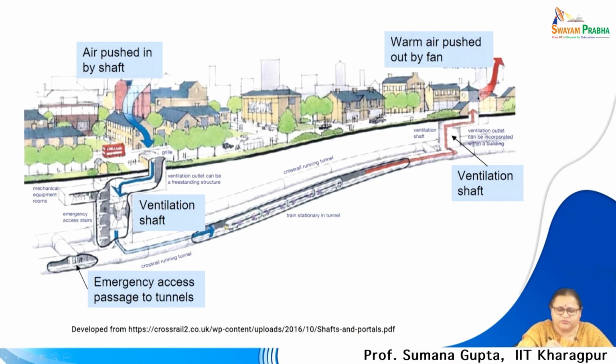So, you can see air is pushed by the shaft inside, and this is the train, and the warm air is pushed out by the fan from the shaft. So, this is from one end of the station to the other end of the station, and what you see here, air is pushed by the shaft inside the station, and the warm air is pulled outside the station from the other end.